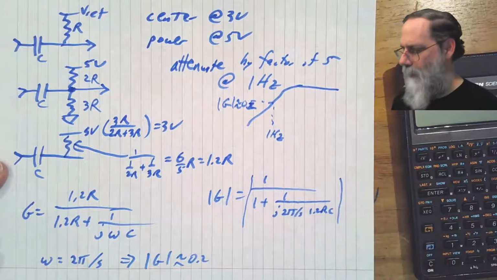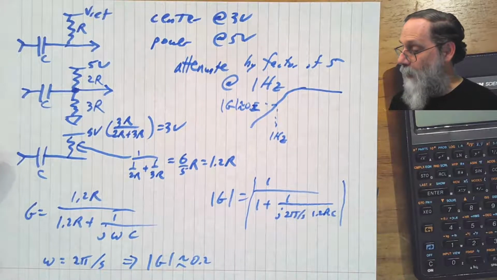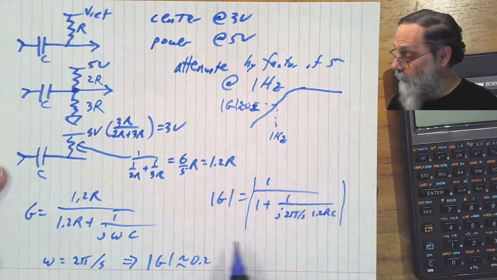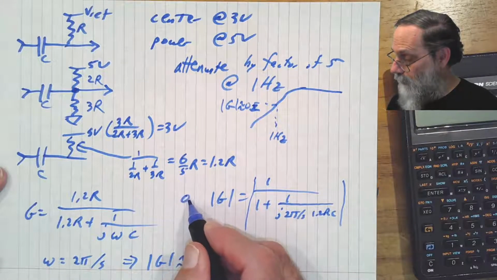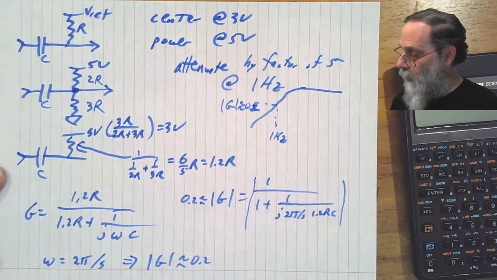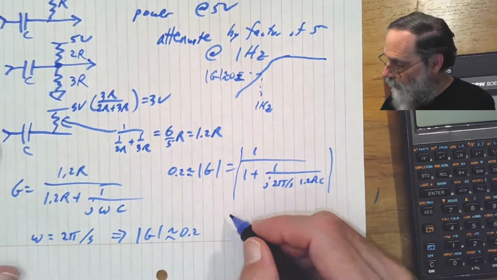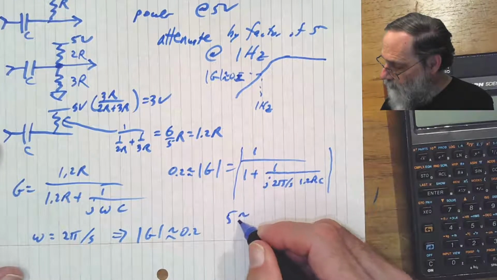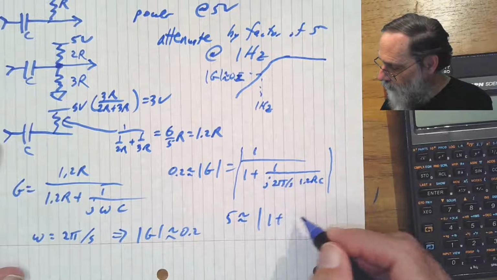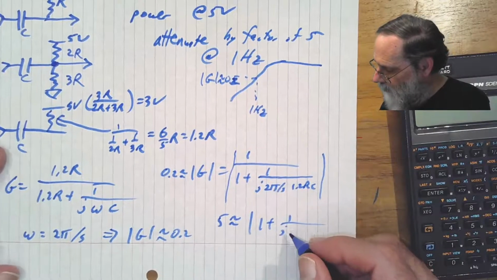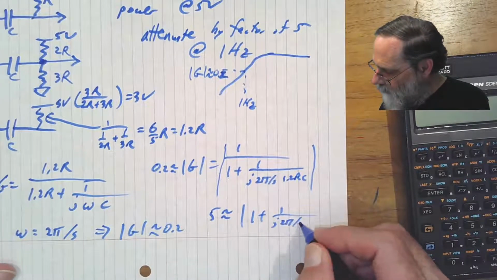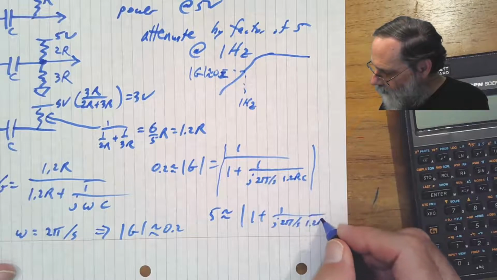We're interested in the magnitude of the gain. We can flip this thing upside down because this was the gain. This thing's got to be about 0.2. We can flip this thing upside down and say 5 is approximately the magnitude of 1 plus 1 over j, 2 pi per second, 1.2 RC.